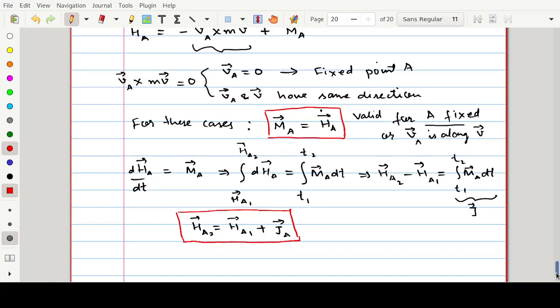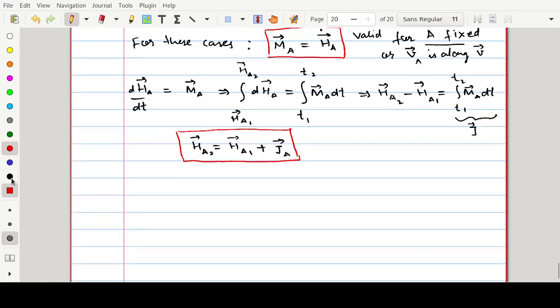Now if we want to use conservation of angular momentum, we have to make this J as 0. If somehow this J is 0, then HA2 will be equal to HA1, and that will be conservation of angular momentum.